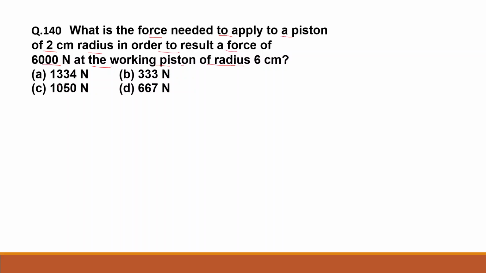So I will write first: the working piston of radius 6 centimeter, and the force needed to apply to a piston to result in a force of 6000 Newton. First, the pressure will be the same here.